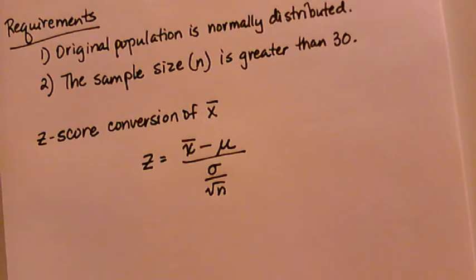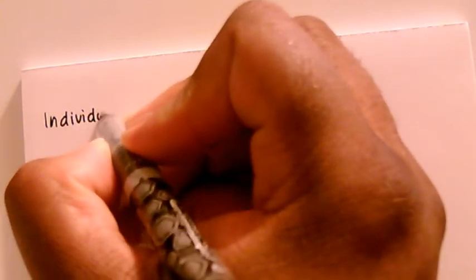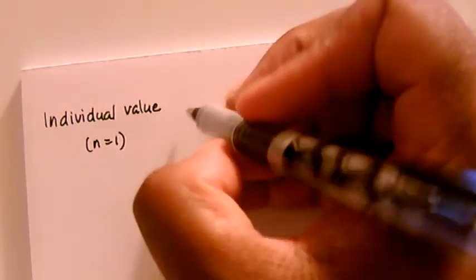Now, when we go ahead and solve problems, like the ones that we're going to be doing a little bit later, if you are dealing with an individual value, and what do I mean by individual value? That means that n is equal to 1.